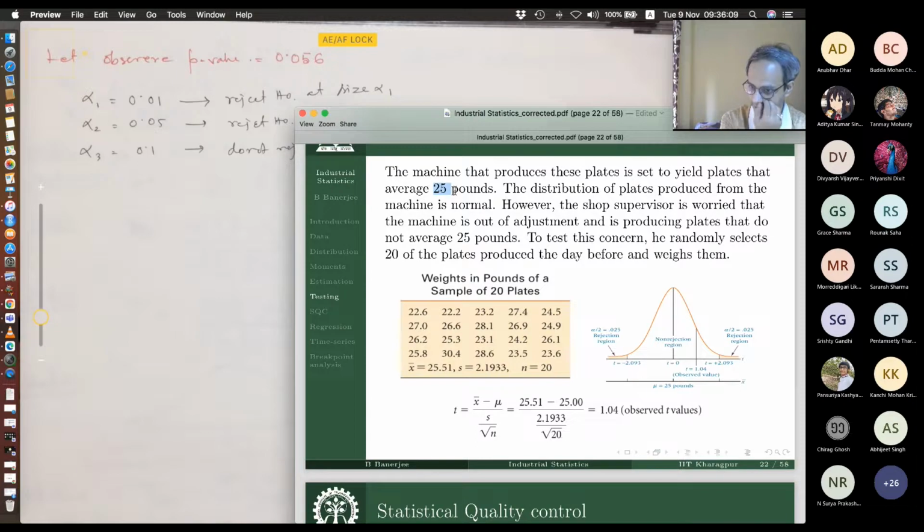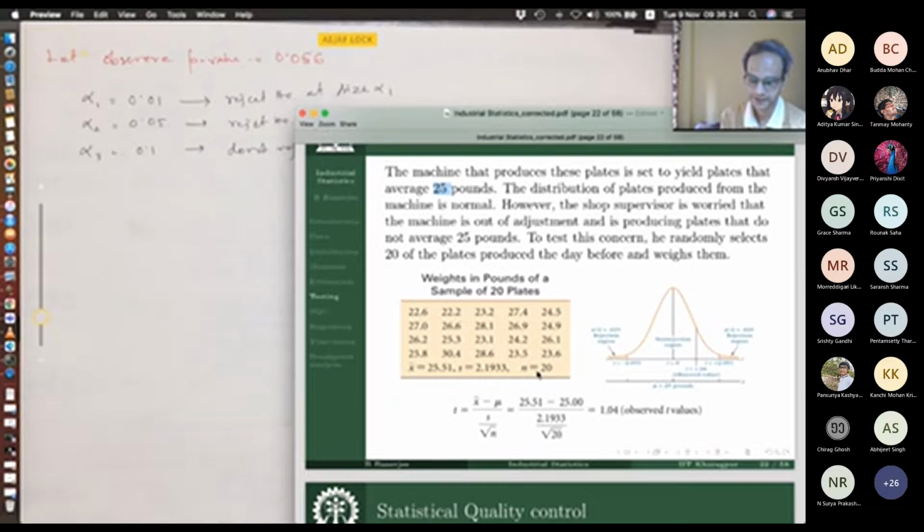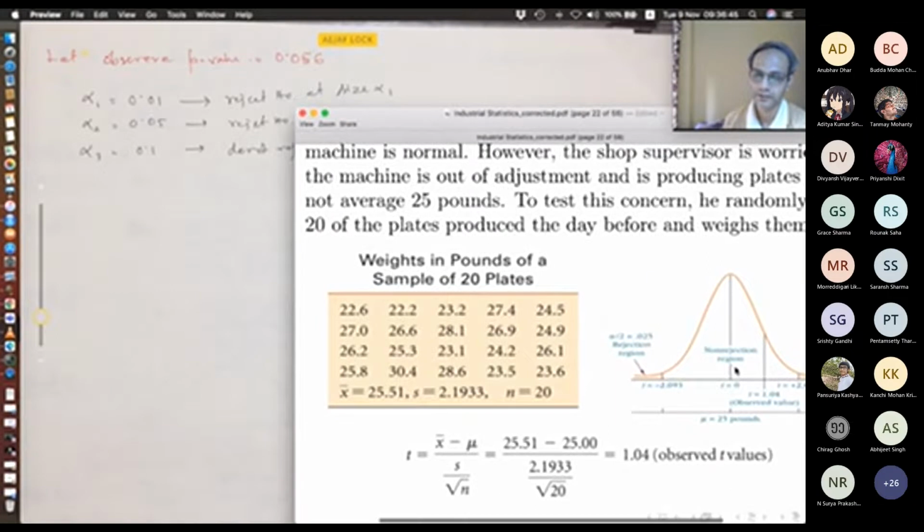So they are willing to test mu equals 25. The observed value of X bar is 25.51 from this sample. Sigma estimated is 2.193. Sample size n equals 20. With the same construction that we have done, they come up with the observed value of the T statistic as 1.04.